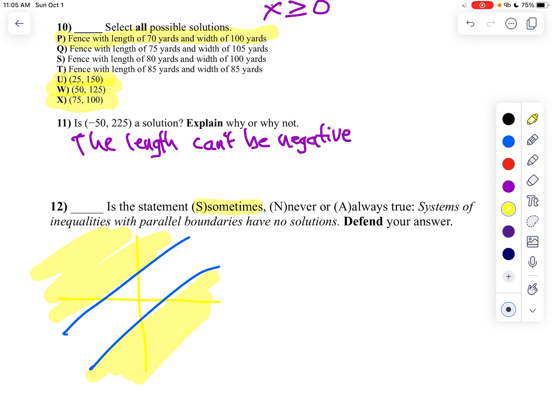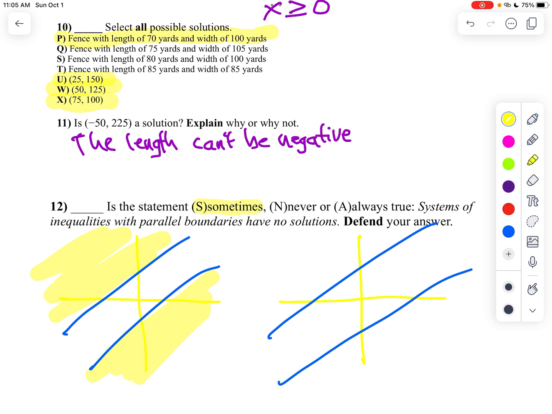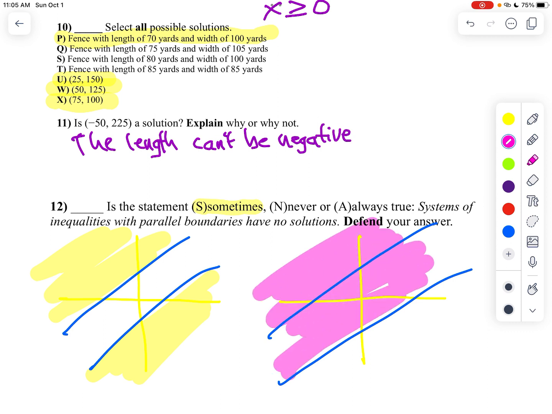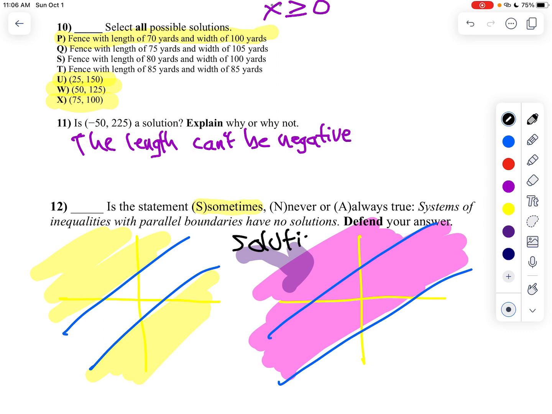However, if I have that same system of equations, and let's say they're both greater than, my system would look like this. So really, my solution where they're both true would be that part right there. Let me change that to a pen so you can see. So this would be my solution if they're both greater than.